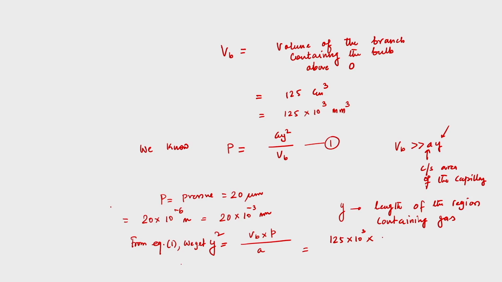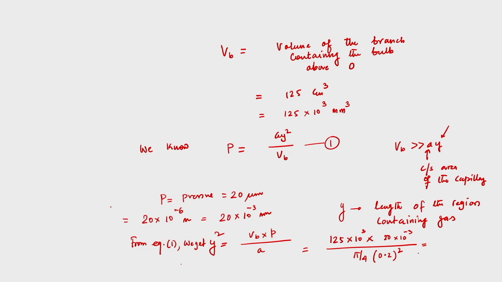Now, this is 125 into 10 cube, into P equal to 20 into 10 power minus 3, divided by A, that is pi by 4 into 0.2 square, because it is given that 0.2 millimeter is the diameter of the capillary.